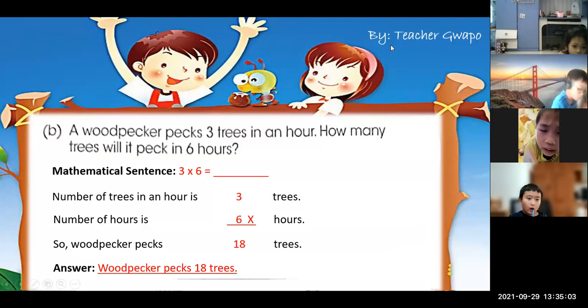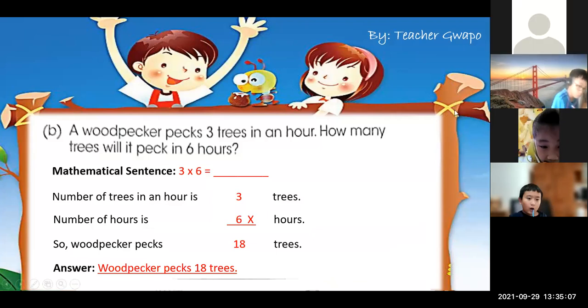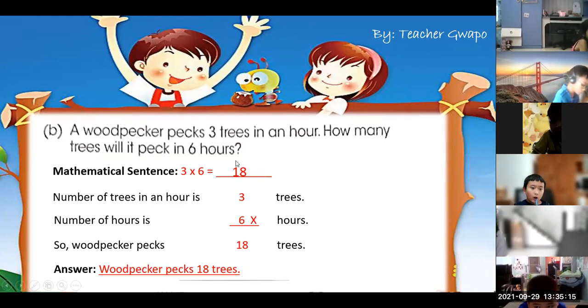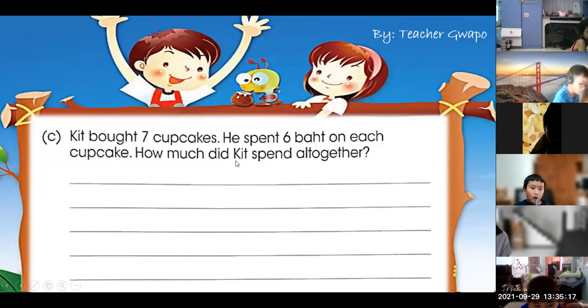Okay, letter C. Just listen first so that you will understand. And then later you can watch the video. Kit bought 7 cupcakes and then he spent 6 baht on each cupcake. How much did Kit spend altogether? The keyword here, altogether.